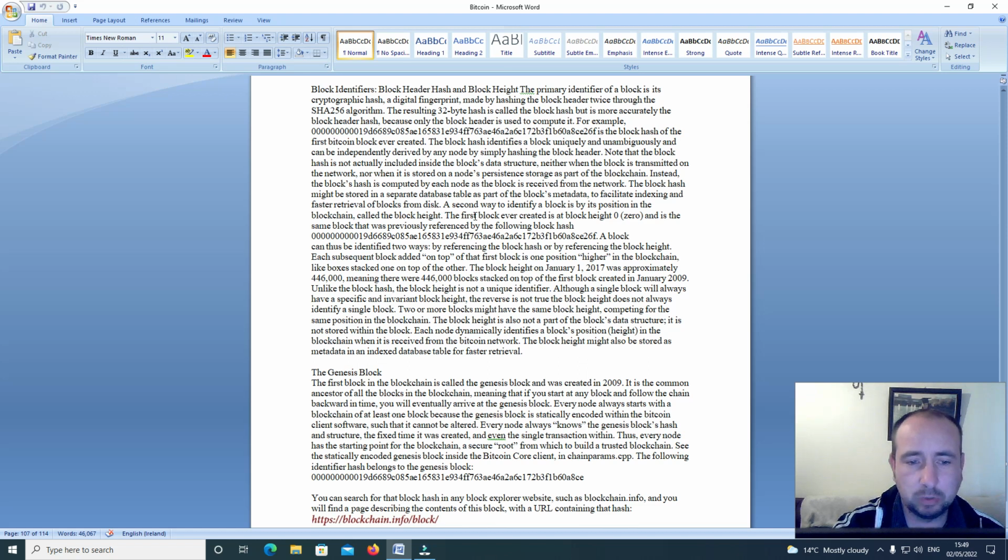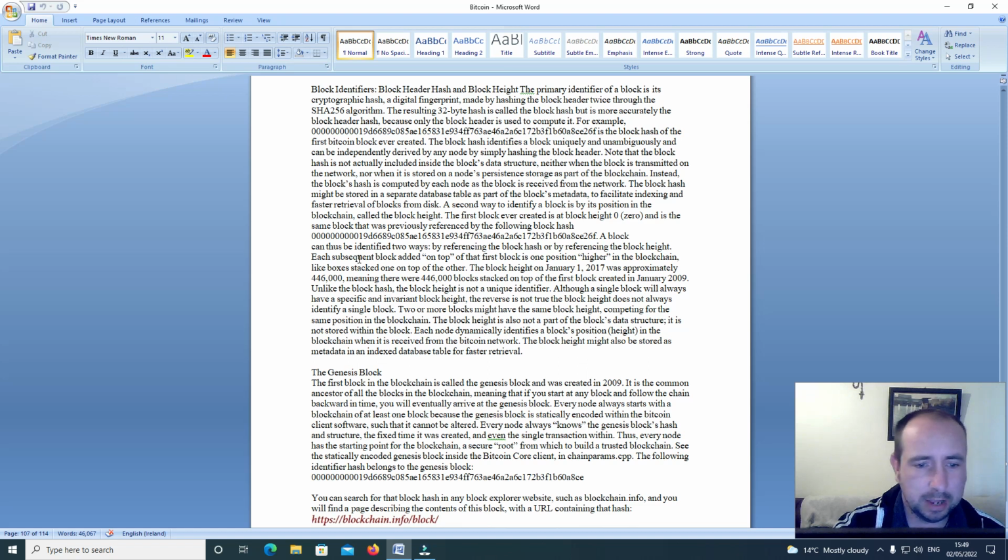A second way to identify a block is by its position in the blockchain, called the block height. The first block ever created is at block height 0 and is the same block that was previously referenced by the following block hash.